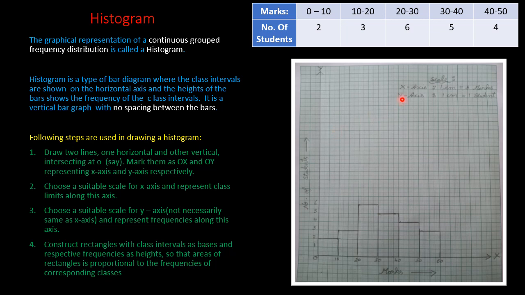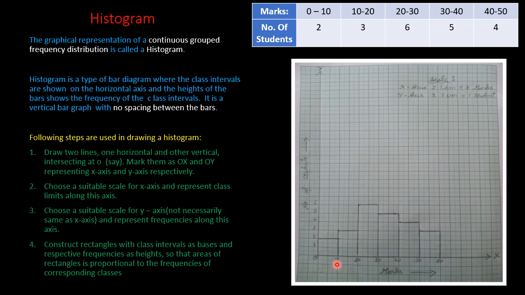Here in this graph, we have taken the scale for the x-axis as 1 centimeter equal to 5 marks. See here, children, from 0 to 1 is 1 centimeter, and from this dark line to another dark line is again 1 centimeter. So the total is 2 centimeters and it is written 10. So for 1 centimeter it is 5 marks.